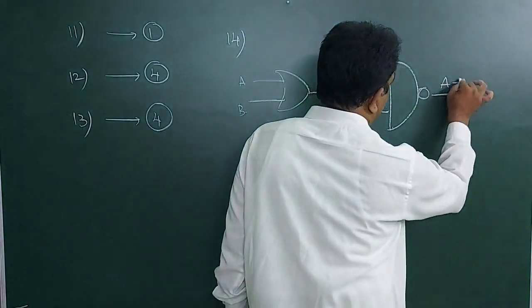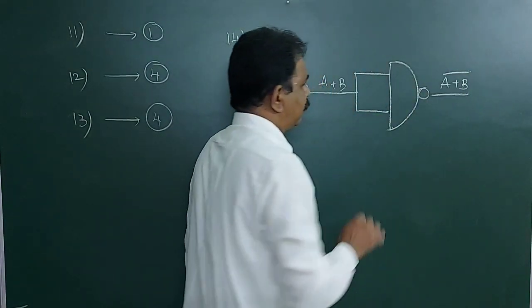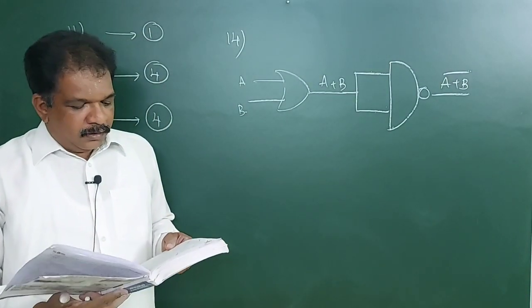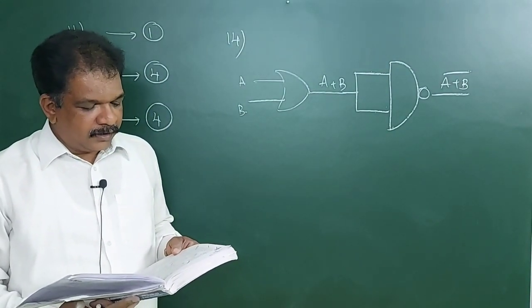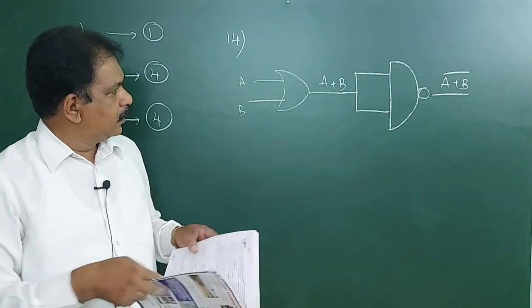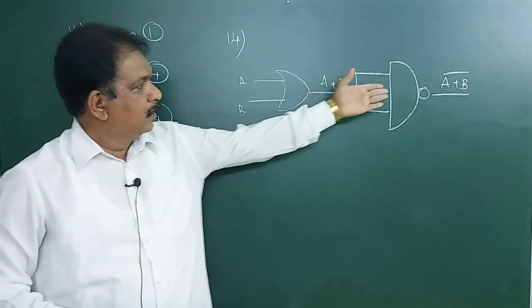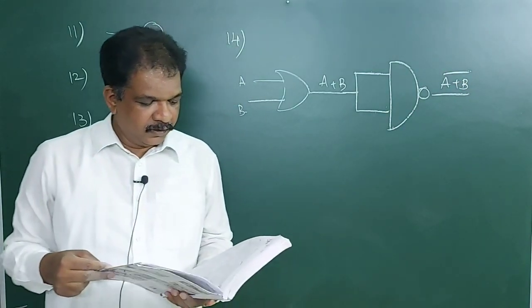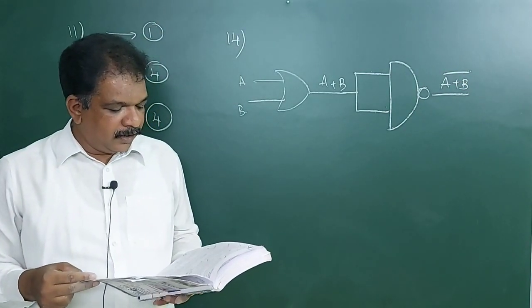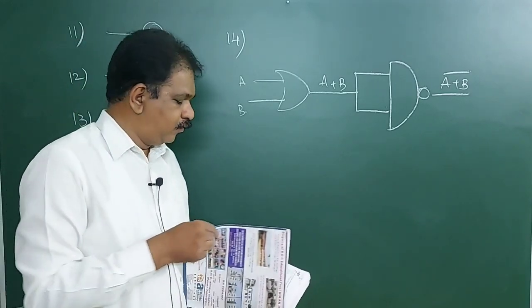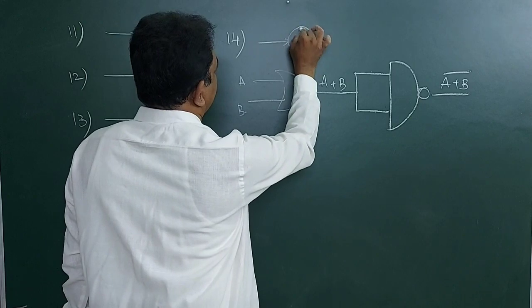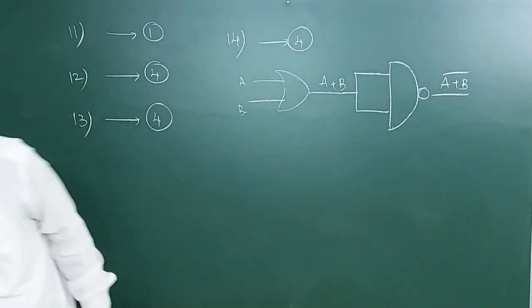(A plus B) bar will come. The combination will serve as. So A B given, output (A plus B) bar means this will be NOR gate. That combination behaves as NOR gate. 14th, it will be fourth option.